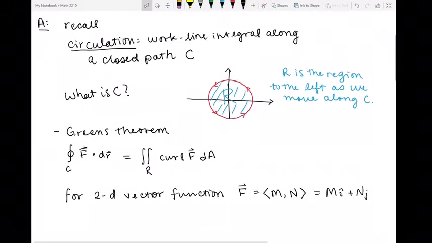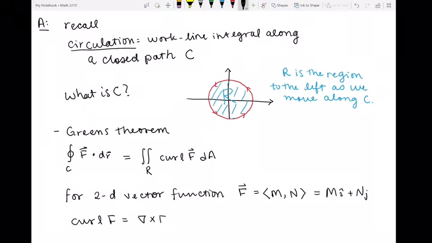Then the curl, or maybe in your textbook it uses this notation, the gradient cross this vector F, is equal to the partial with respect to x of N minus the partial of M with respect to y. So that's what we have for the curl. Let's go ahead and calculate it for our function F.